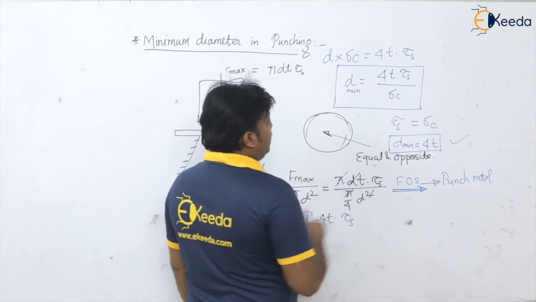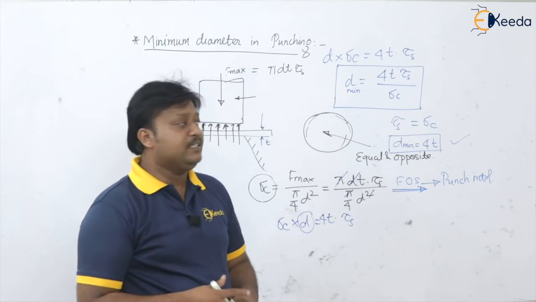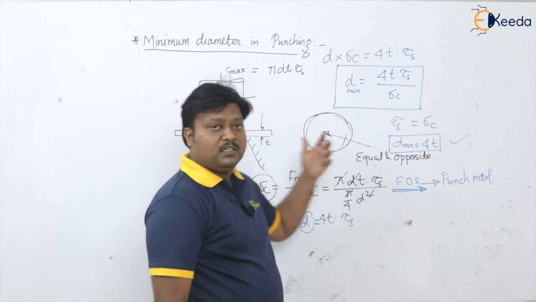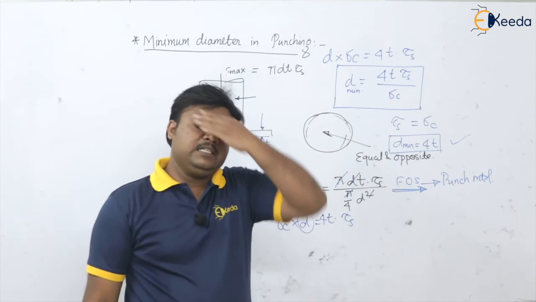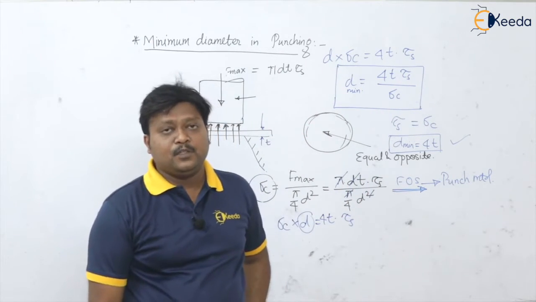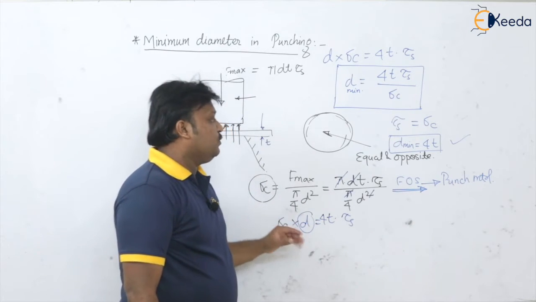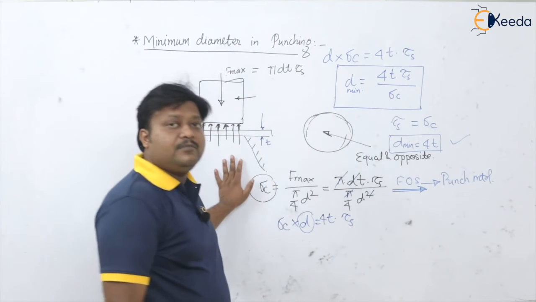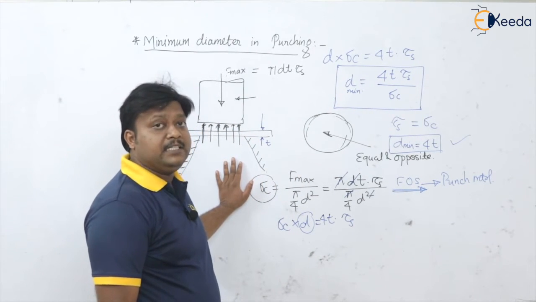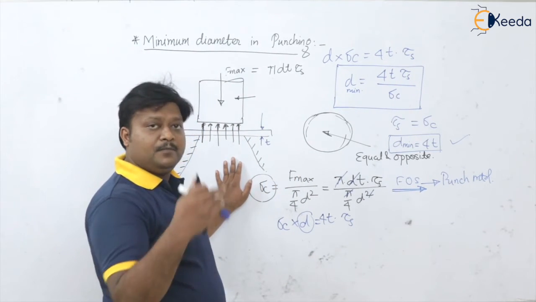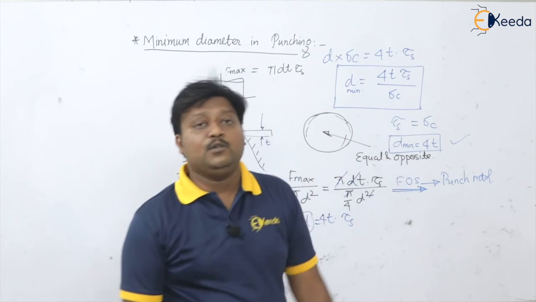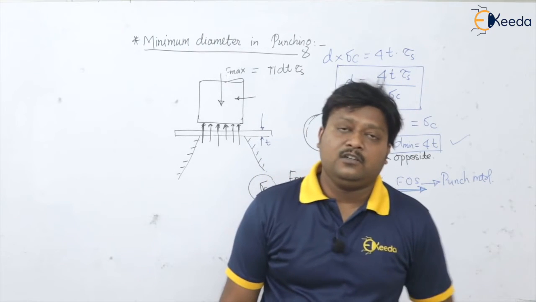So let us say, for example, you are given a factor of safety 3 and the allowable compressive or crushing strength of the punch material is say 1500. So what you will do? Your sigma c will be 1500 divided by factor of safety, that is 3.